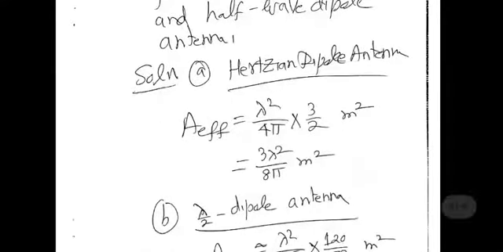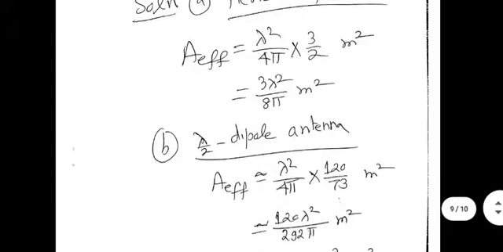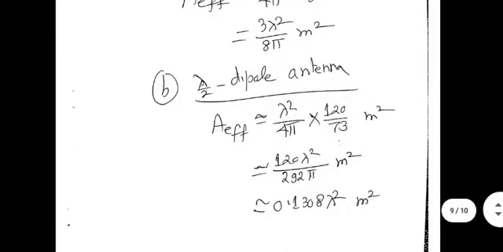So this is the formula. For lambda by 2 dipole, the directivity value was actually 120 divided by 73. You can check in the previous talk. I think it was 1.644 approximately. So you again plug in that known value of directivity.